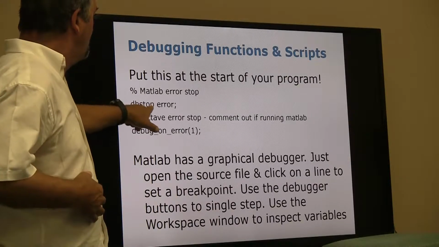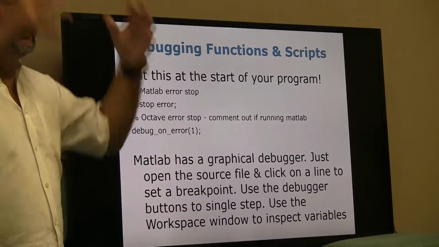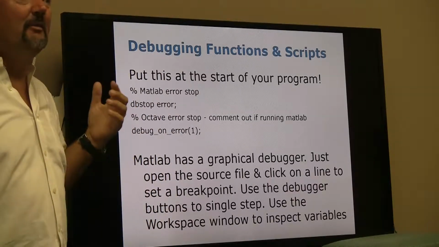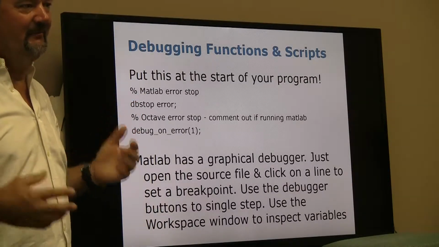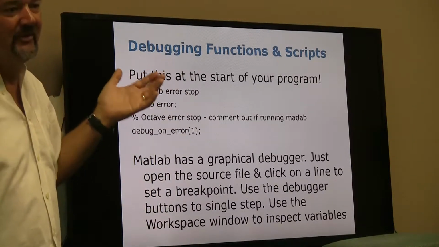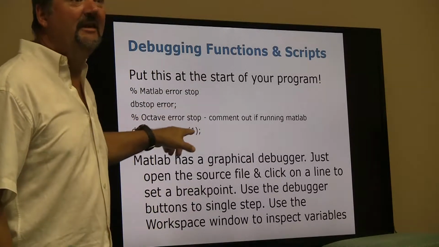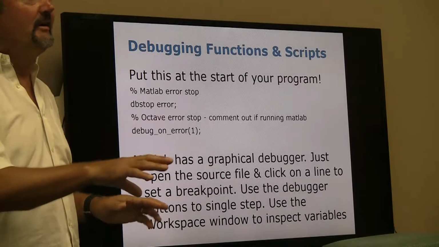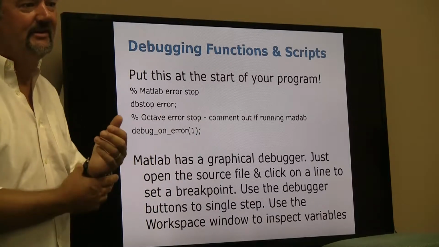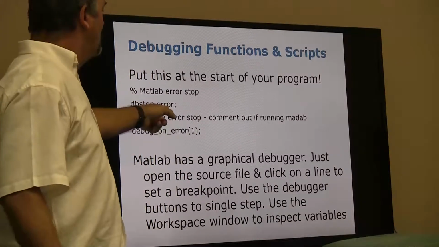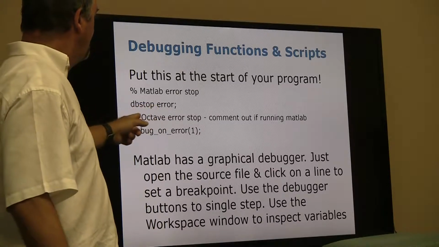In Matlab, you want to put db stop error, because what typically will happen is you'll run a function and perhaps you'll have an array index out of bounds, or variable doesn't exist, or any number of the typical programming errors, and you want it to stop in the debugger when it hits that error, so you can look around, see what variables exist, see what their size is, etc. This is how you cause that to happen in Matlab. So you put this as one of the first few lines.